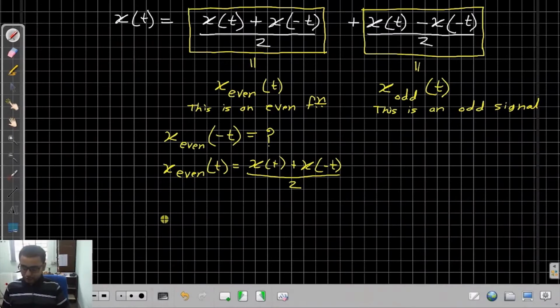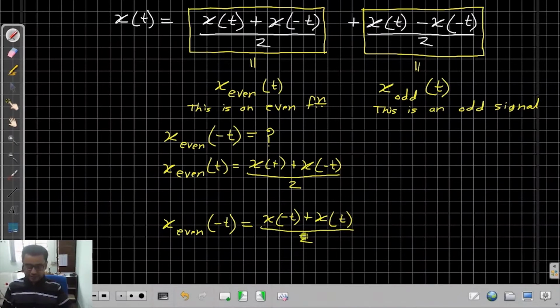So x even of minus t will be equal to, in this expression I have to replace all t by minus t. So this t will become minus t, and this minus t will become plus t, whole divided by 2.